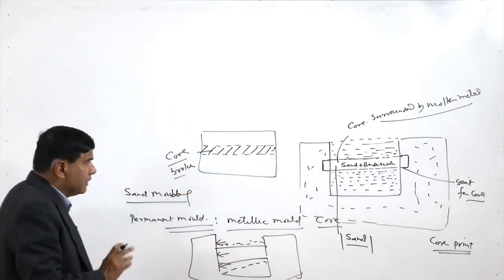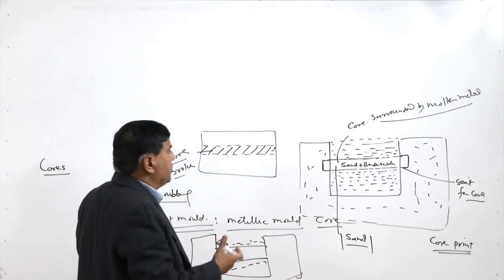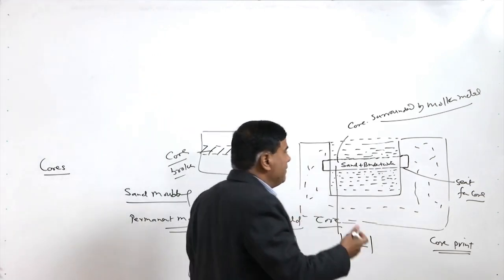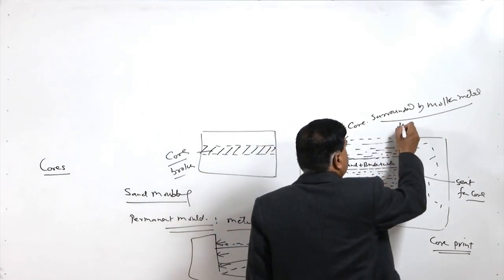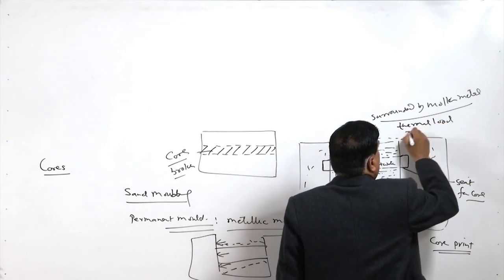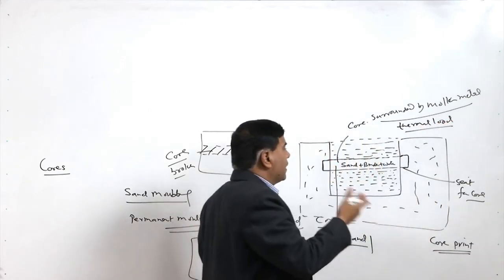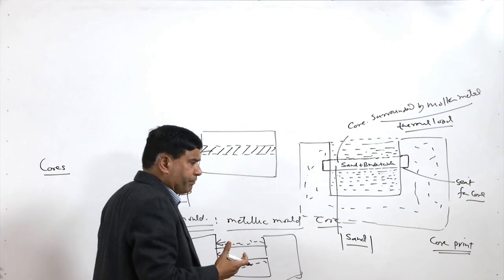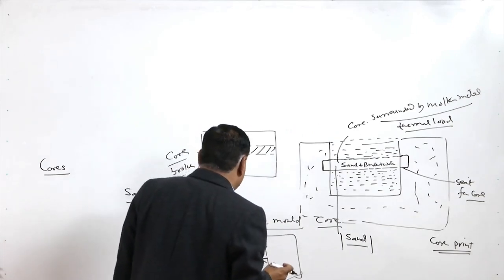So, the kind of heat which is experienced by the core is much more severe. What we normally say is that the thermal load on the core is much higher as compared to the mold walls.